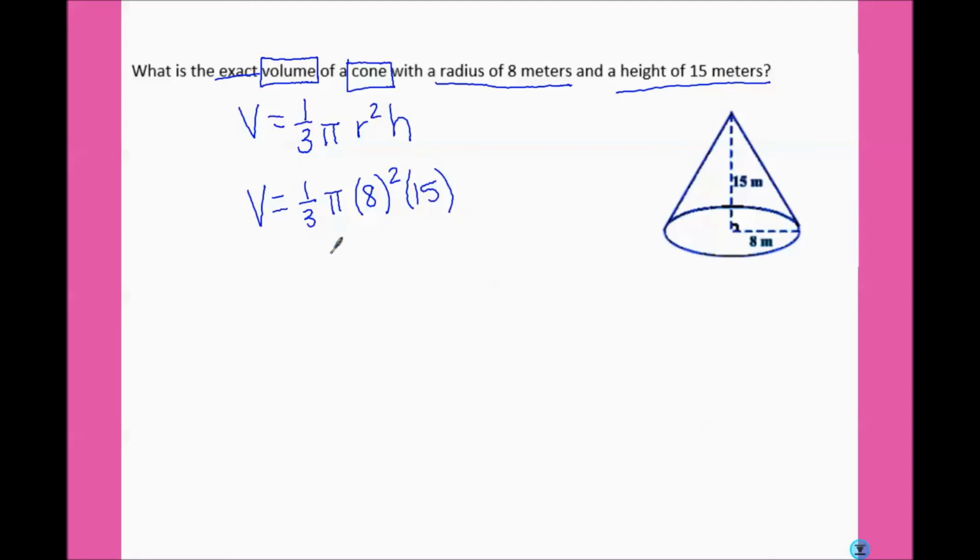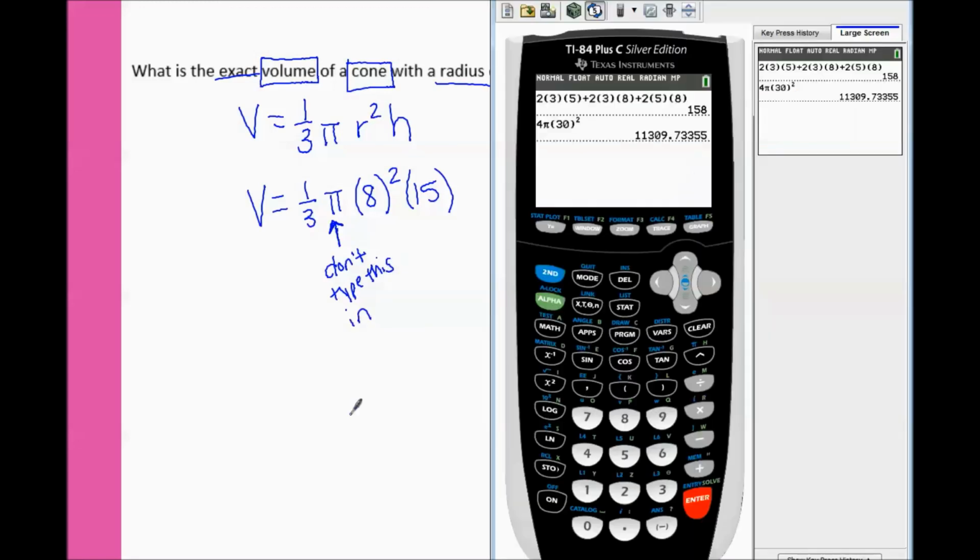Now, since we want the exact volume, pi is not exact. It's a big long decimal, so we're not going to type this in. Don't type this in. So on my calculator, I'm just going to do 1/3 of 8 squared times 15.